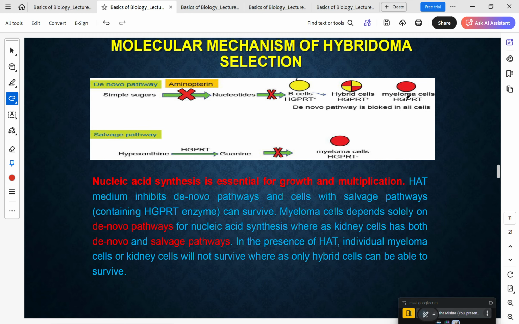Because this mechanism is absent in myeloma cells, because they are HGPRT negative, they can't proliferate. Whereas the hybrid cells, because they have properties from the B cells, have the HGPRT mechanism in them, they can proliferate.